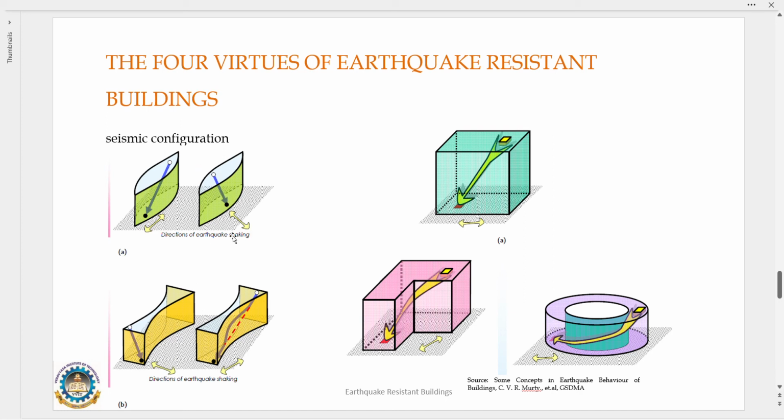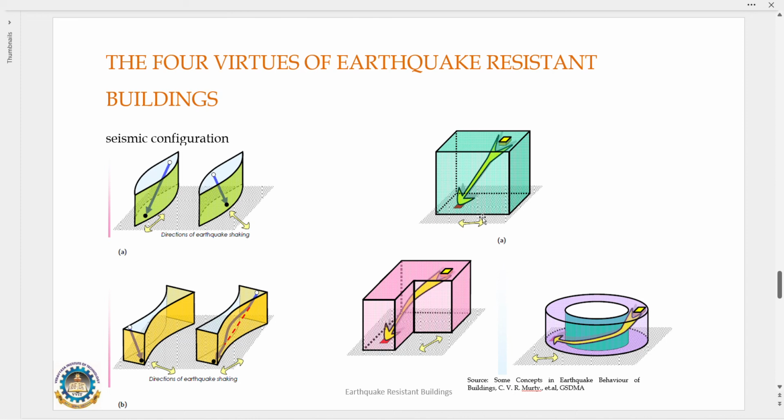If you go more into an original picture, as seen in the picture, buildings with rectangular plans, as shown in the top one, or with rectangular plans and straight elevation, stand the best chance of doing well during an earthquake because inertia forces are transferred without a bend. This is due to the geometry of the building.